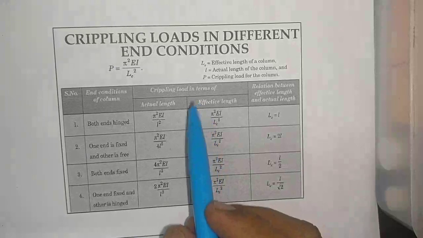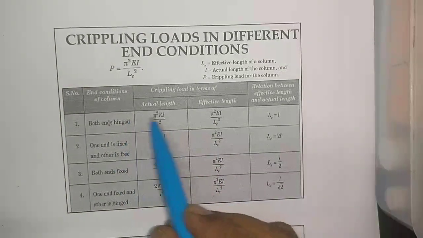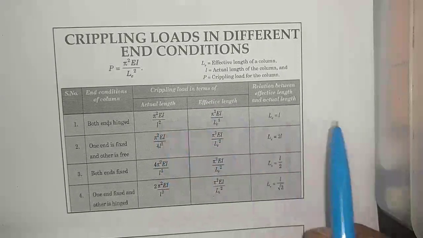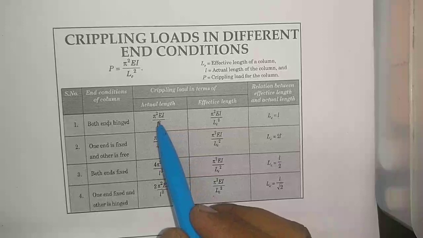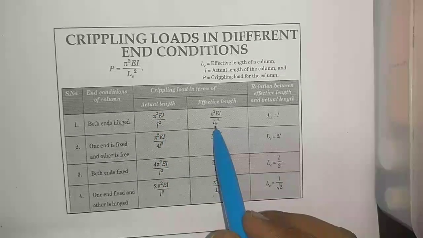See here, if both the ends are hinged, your crippling load is pi square EI by L square, and with respect to LE, the effective length.